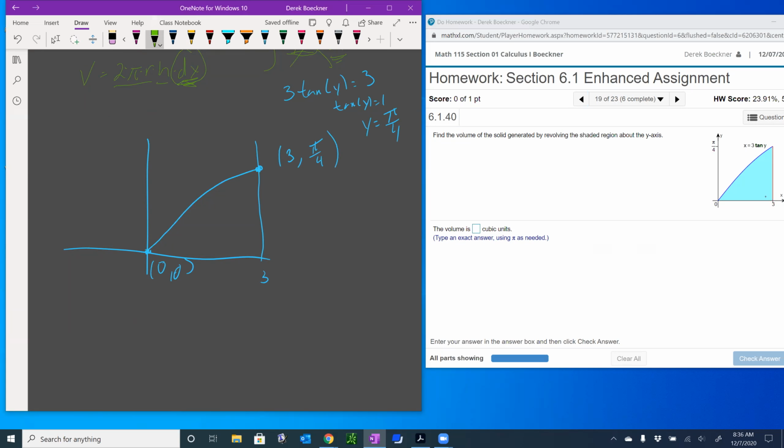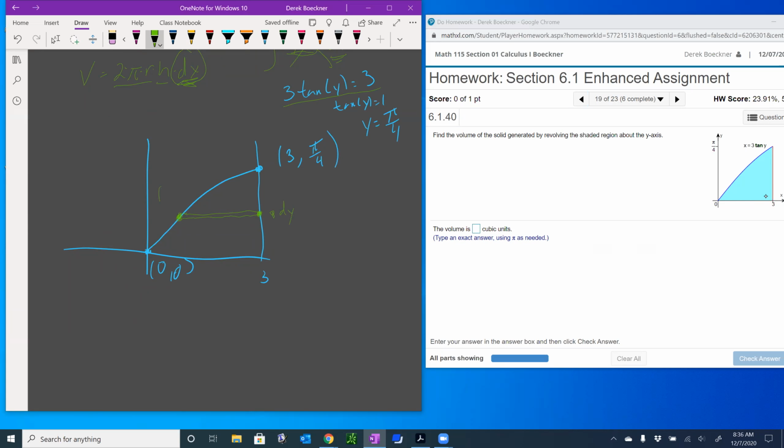Okay. And now we can draw in a representative rectangle. We've got everything in terms of y. So we're going to stack stuff up in the y direction, which means that I should draw my representative rectangles so that they stack up in the y direction. And so this is going to be a dy wide rectangle.